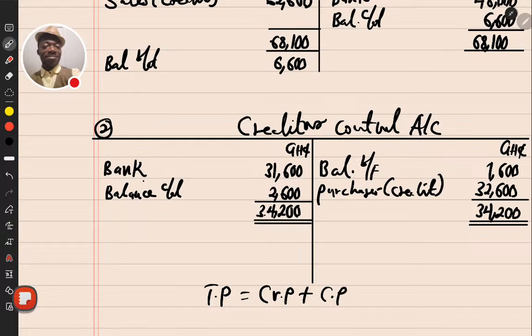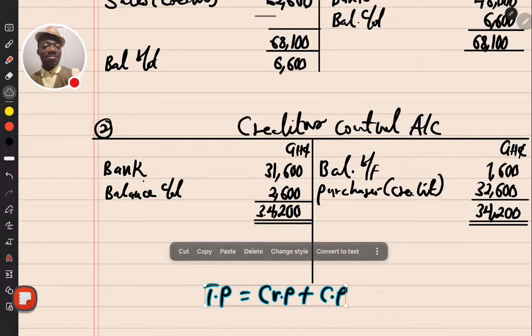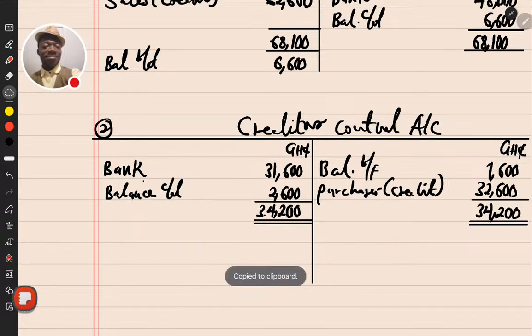You add it to get your total. But if you don't have cash purchases, then that means your total purchases is equal to credit purchases. So let's take note of that. Don't forget this. So in summary, workings 2. Once we have our carry down here, we'll have our brought down here. So balance brought down as what?